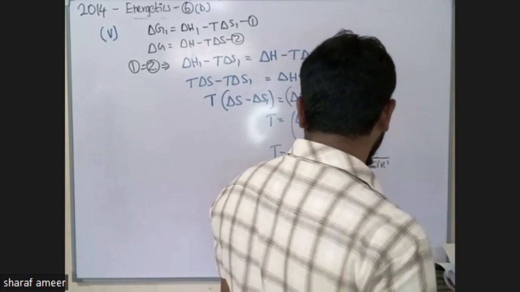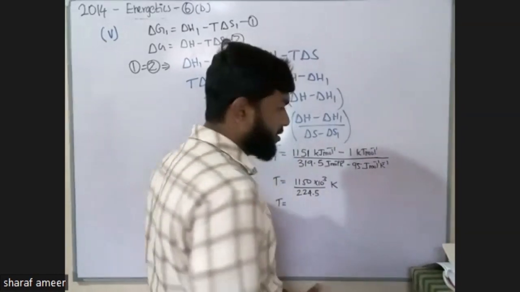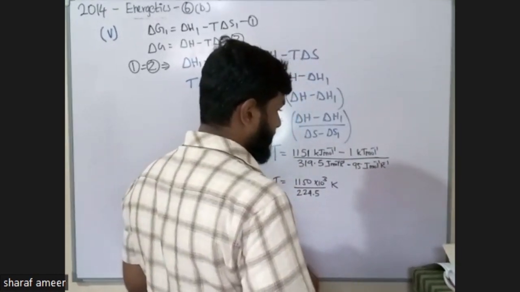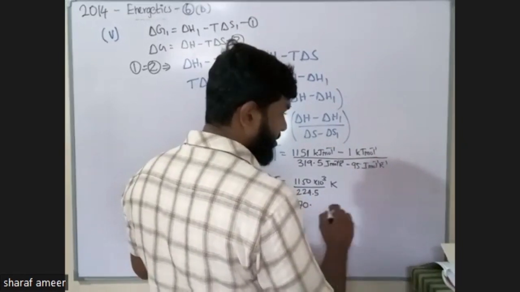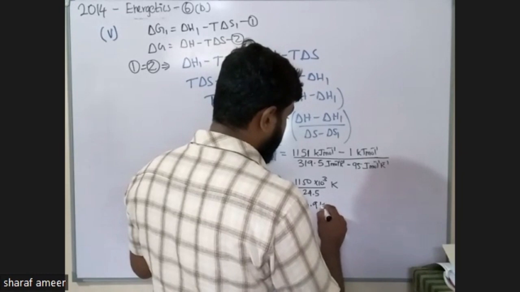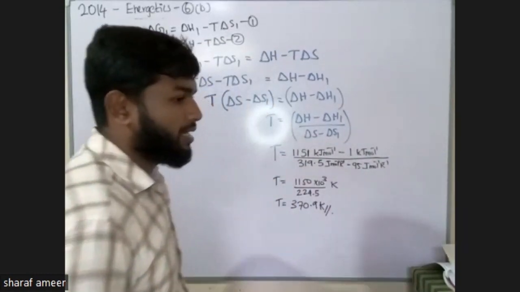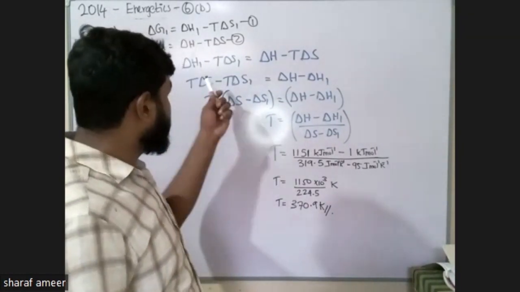Finally, after simplification, we'll get around 370.9 Kelvin. Got it? So easy case here.